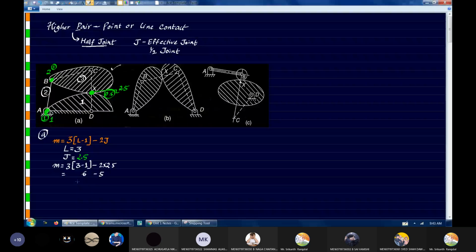We get 1. Because the mobility of this mechanism is 1, it means it is a mechanism. Every mechanism has a mobility of just 1.